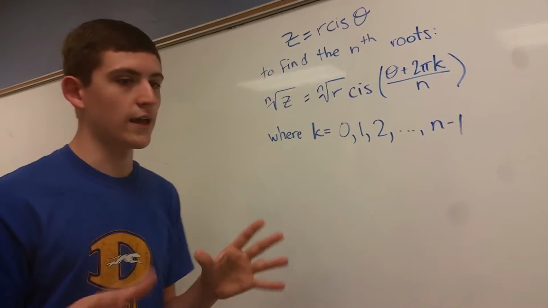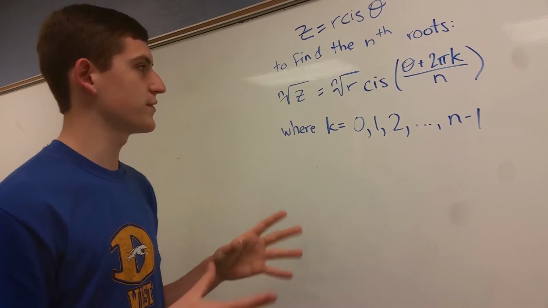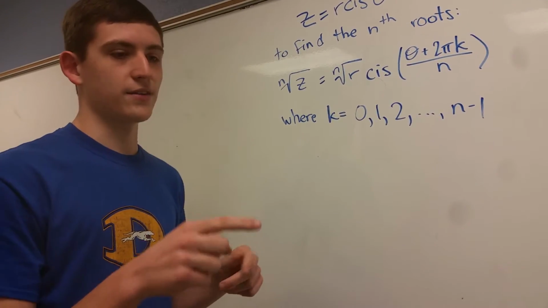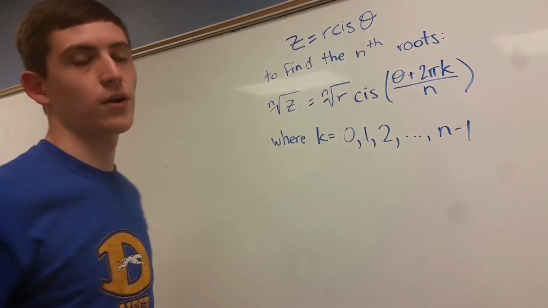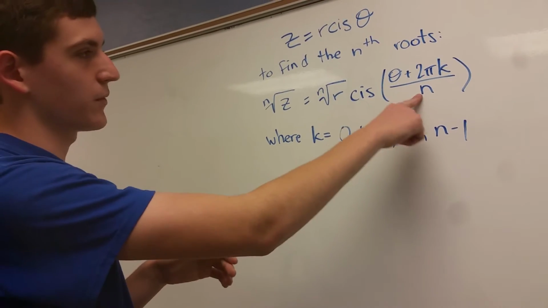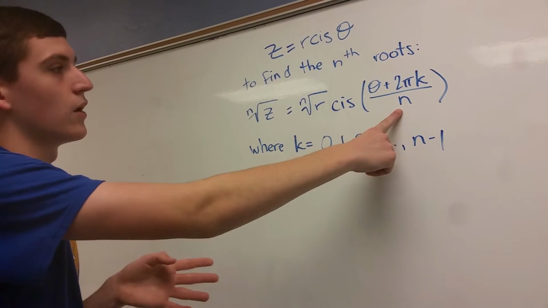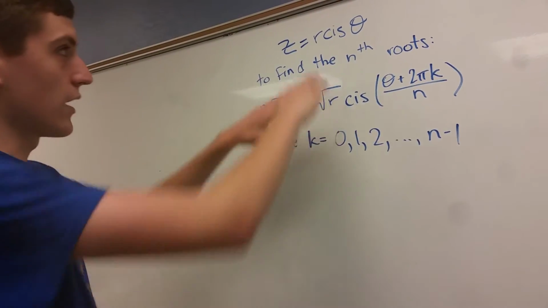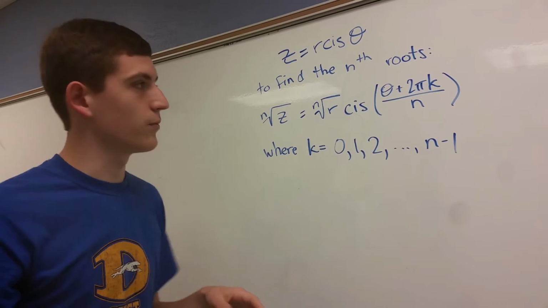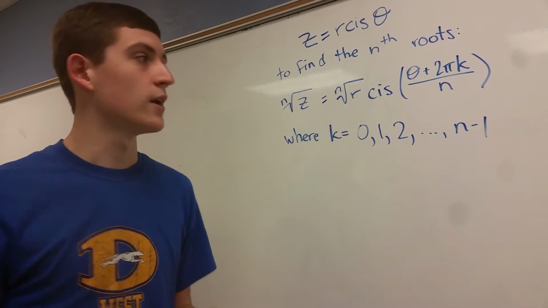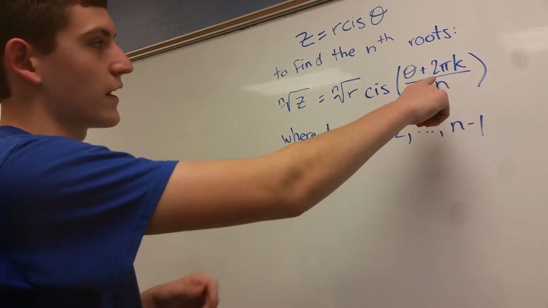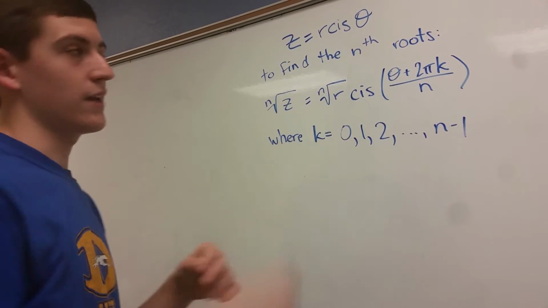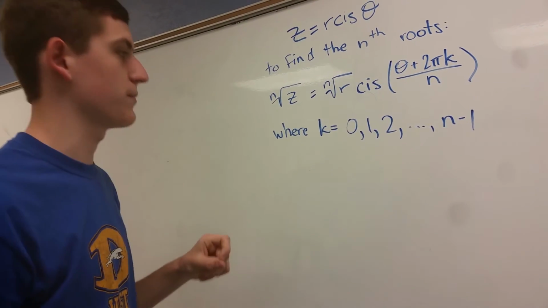it works in the same general way as De Moivre's, because if you want the nth root, you can write that as this to the power of 1 over n. So you can see that here where you're dividing by n. But also, because there are other angles that can give you the same imaginary number when you take them to the nth power, you have to also find those angles by adding 2 pi k to your original argument.